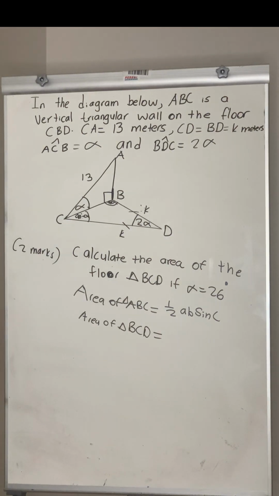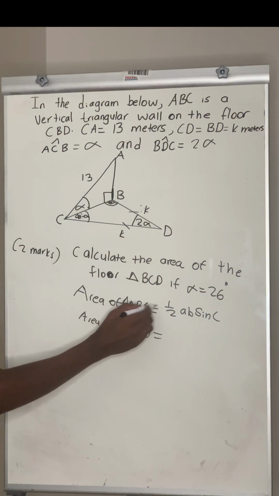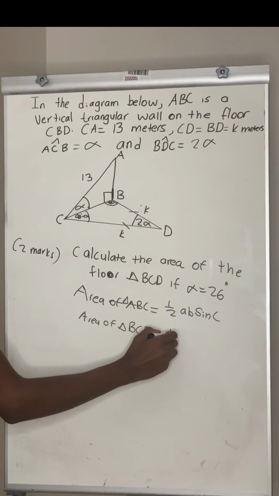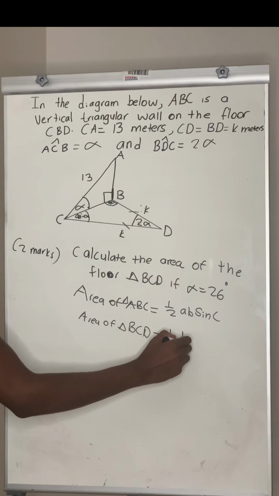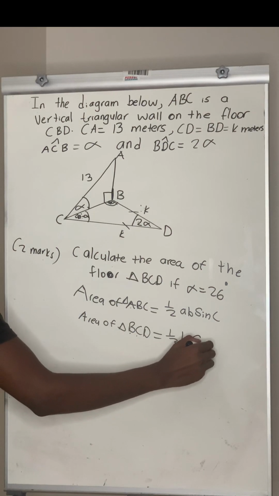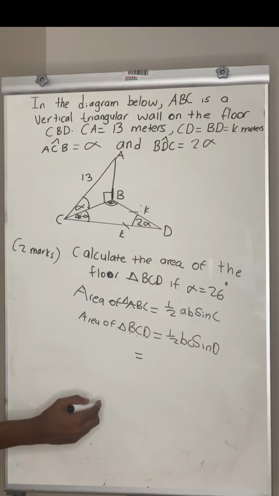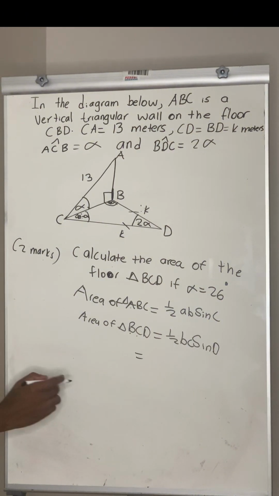It's easy to see how we're supposed to do this, because AB corresponds with this and C corresponds with that. So we're going to do the same thing: it's going to be small letter b, small letter c, and then sine of D. Simple as that. Then we simply substitute.